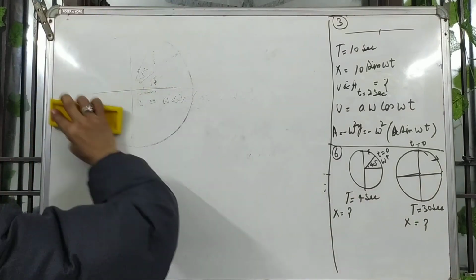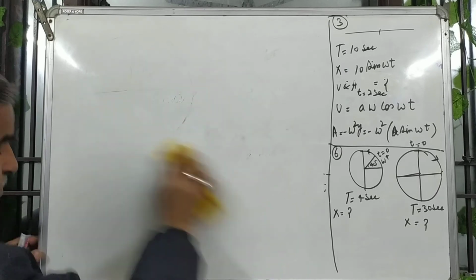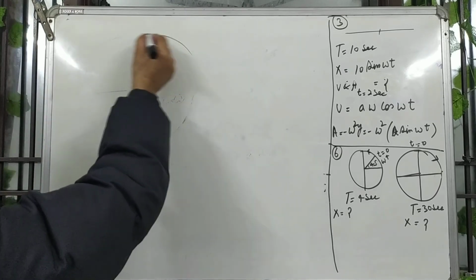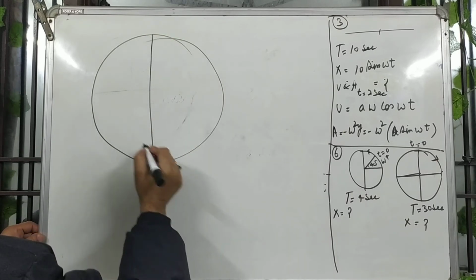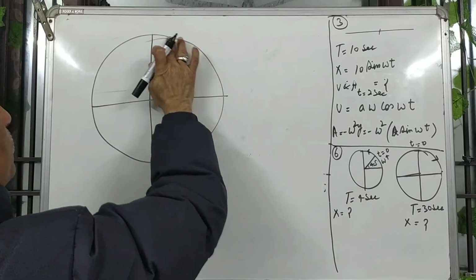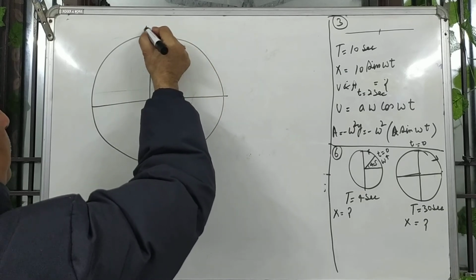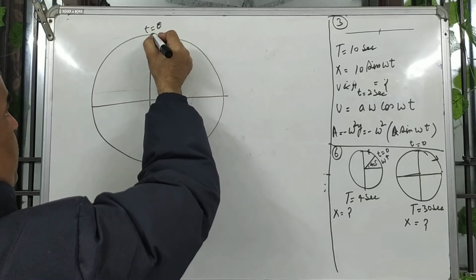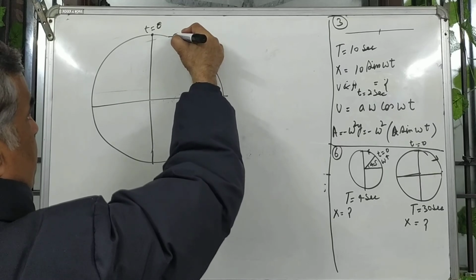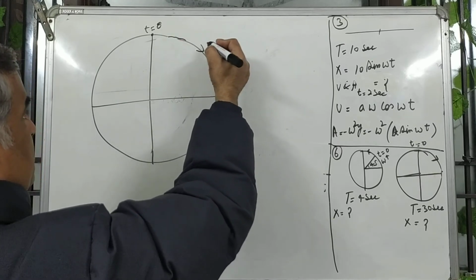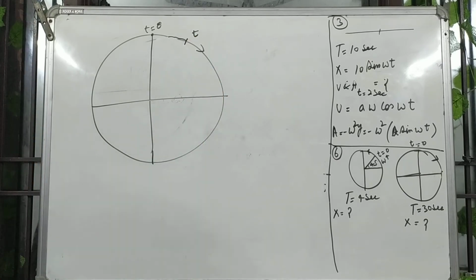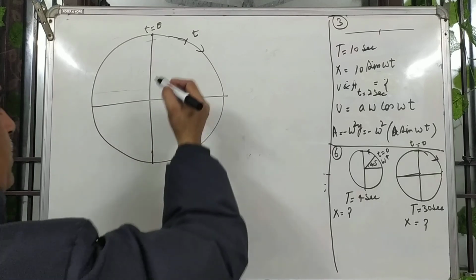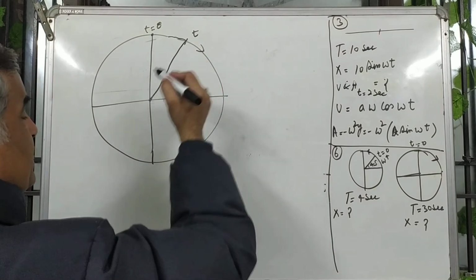question number 2. At t equal 0, the particle is at this point and it is moving along this. At time t, let it reach over here. The projection along the x-axis is to be found. Join it.